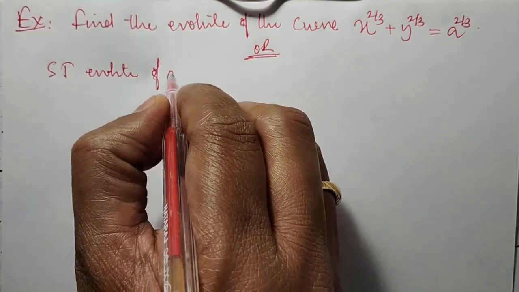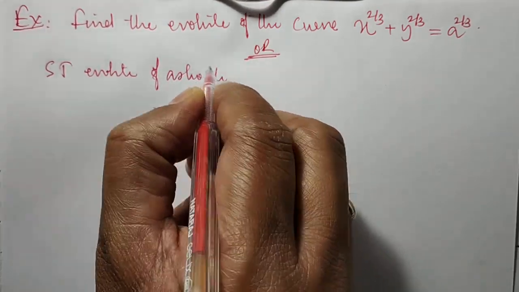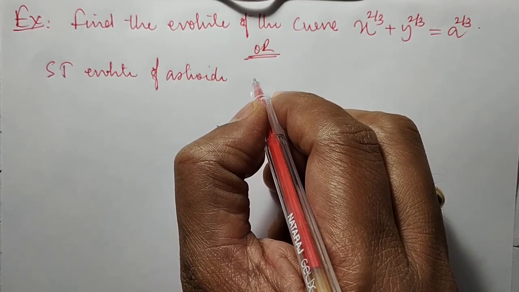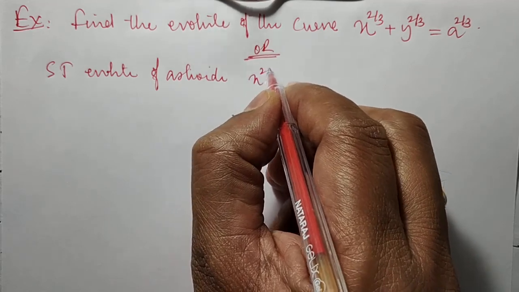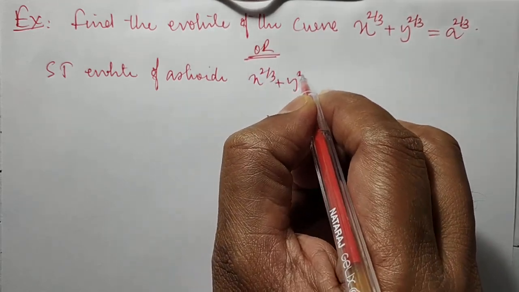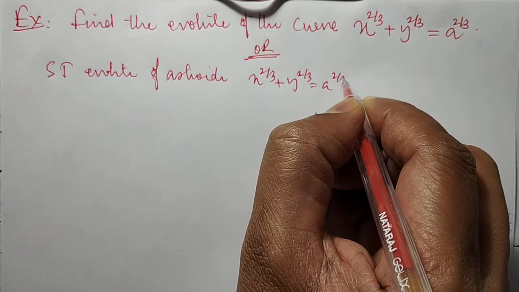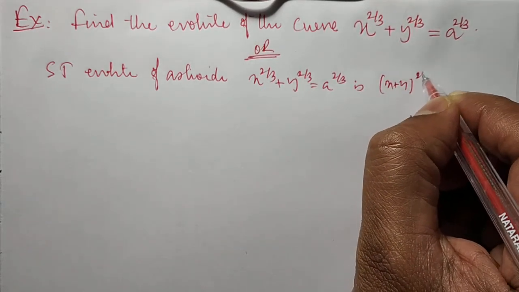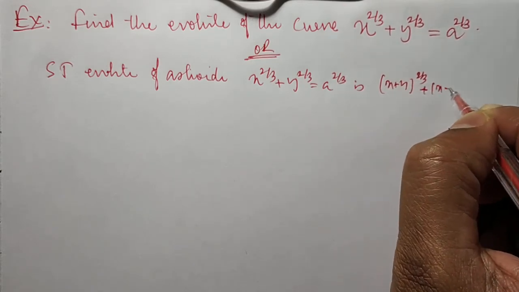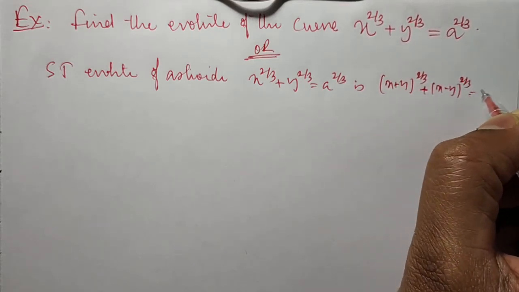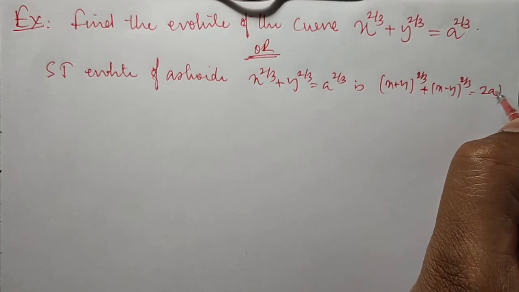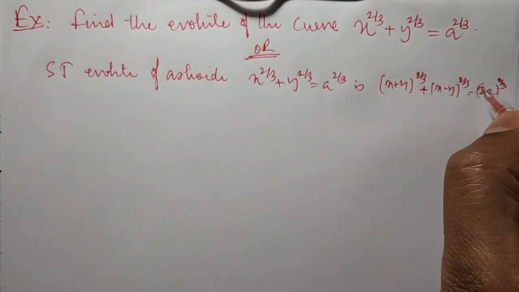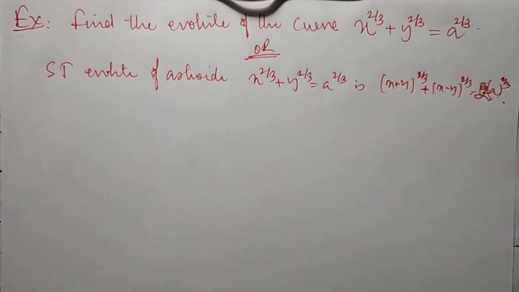The evolute of the asteroid x raised to 2 by 3 plus y raised to 2 by 3 is equal to a raised to 2 by 3 is x plus y raised to 2 by 3 plus x minus y raised to 2 by 3 is equal to 2 a raised to 2 by 3.